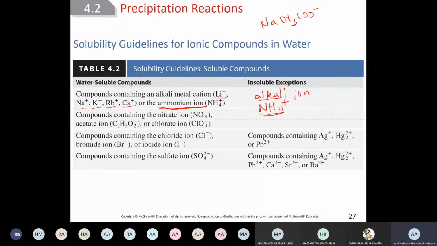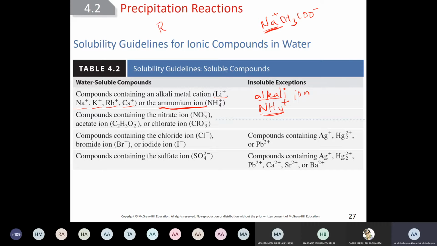What's the name of this compound? Sodium acetate. Is this going to dissolve in water? Yes. Why? Because it contains alkali, it contains sodium. It contains sodium, which means it will dissolve.